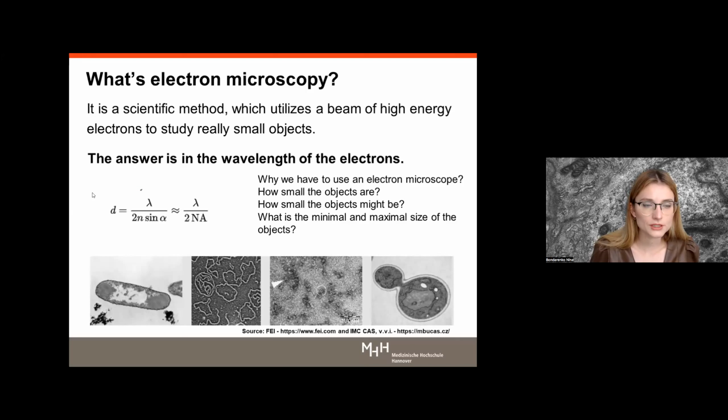So theoretically, the maximum resolution that one can obtain with a light microscope is limited by the wavelength of the photons. Usually in light microscopy, as you know, for illumination we use photons, but the wavelength of the photons is quite large.